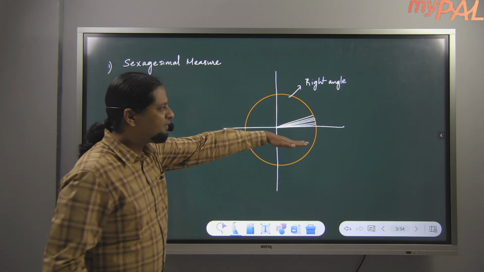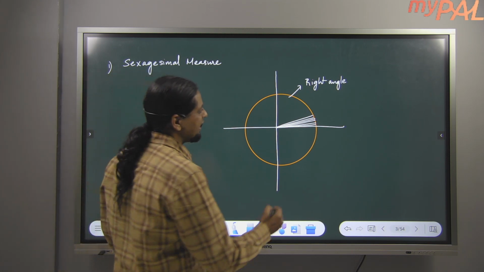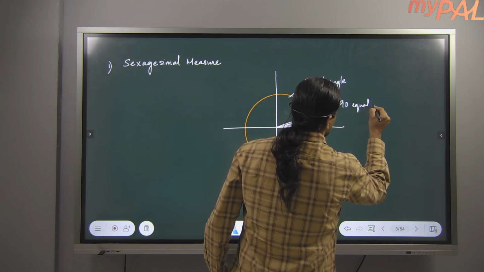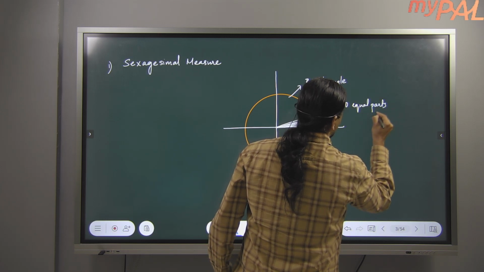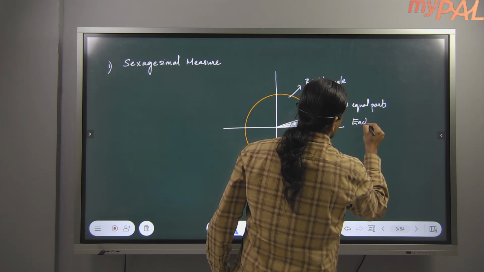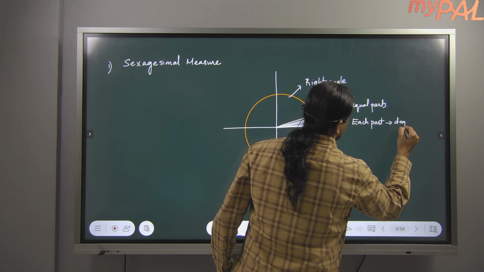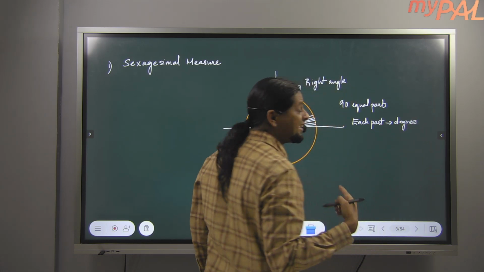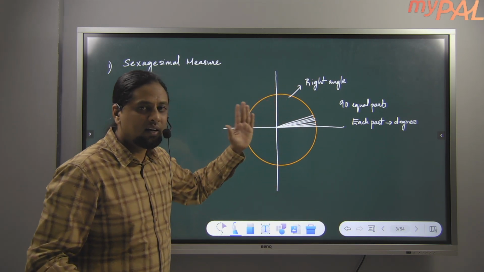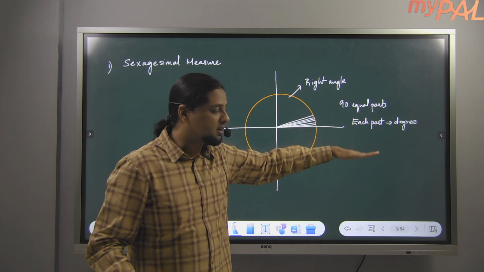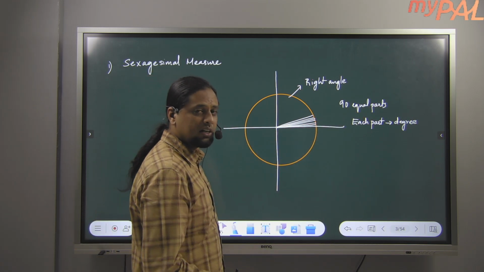If I divide this right angle into 90 equal parts, each part is called a degree. That is the measurement of 1 degree. On the right angle, if I distribute it into 90 equal parts, each part is called a degree.